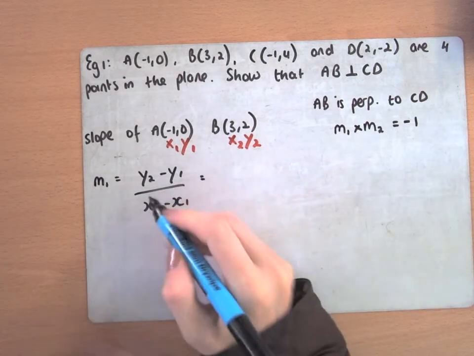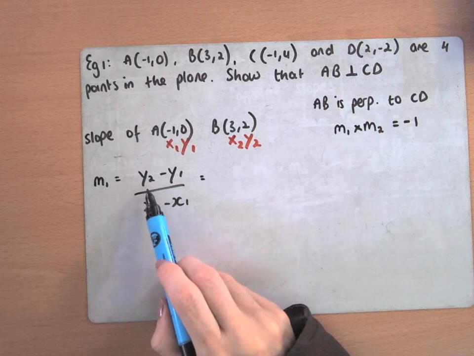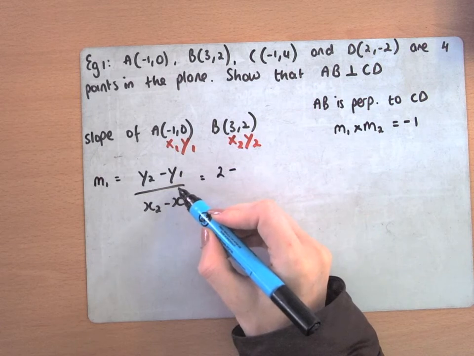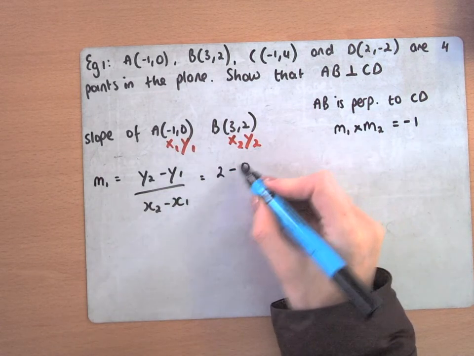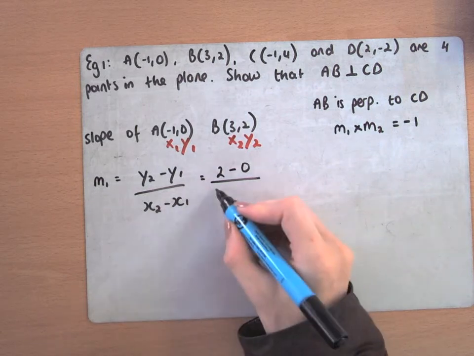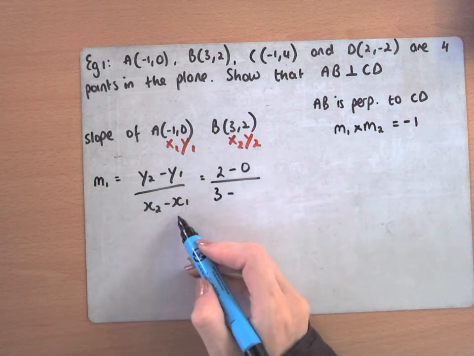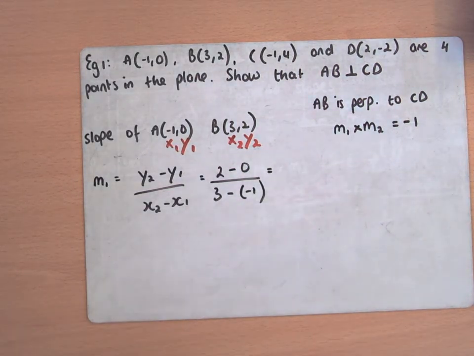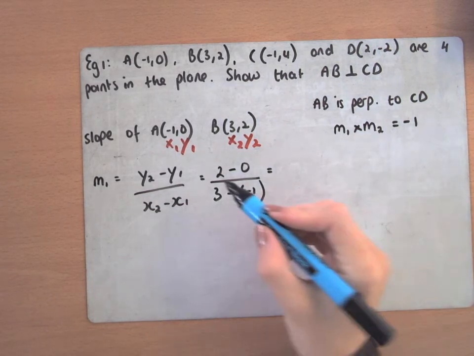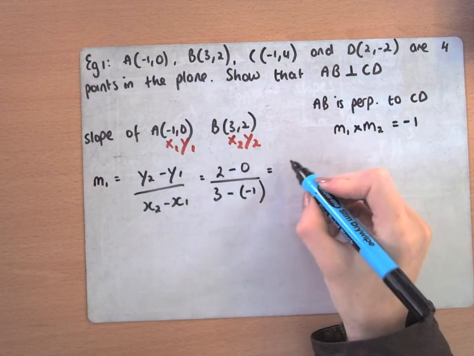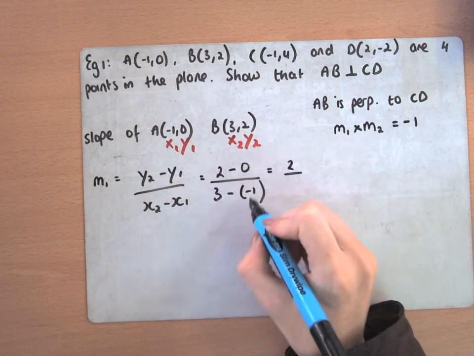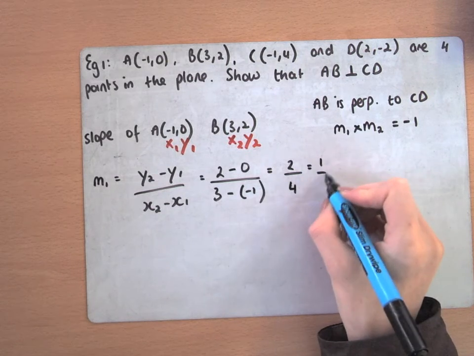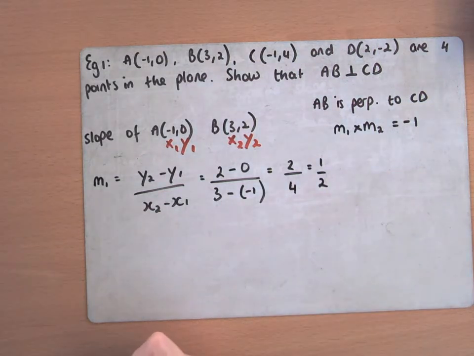So y2 is 2 minus, from the formula, y1, 0, over x2, 3, minus, from the formula, x1, minus 1. Good. That can go straight into the calculator if you'd like. So 2 take 0 is just 2. 3, what's minus by minus? Plus, so 3 plus 1 is 4. 2 over 4 is a half. So my first slope is a half.